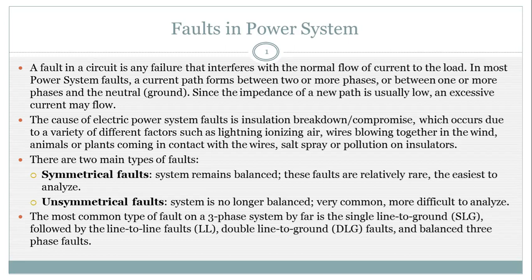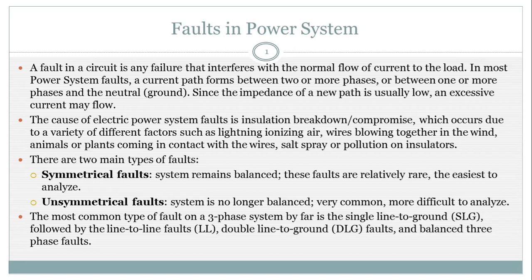It means that three phases may be short circuited or three phases may be open circuited. So this is called symmetrical fault, when each and every line has the same condition.